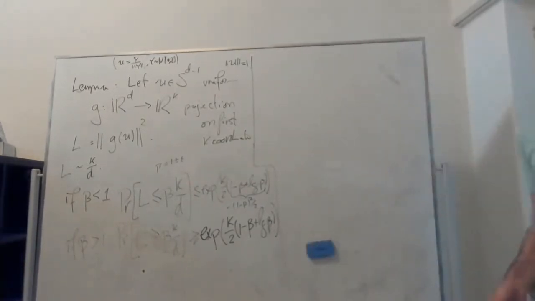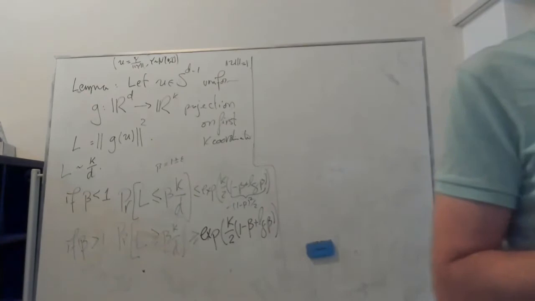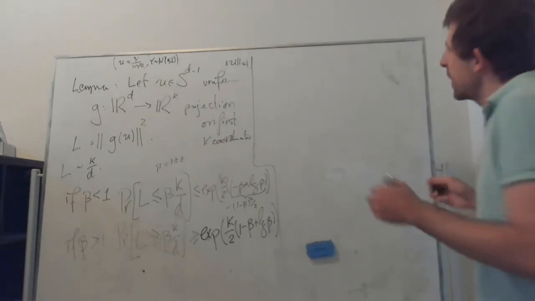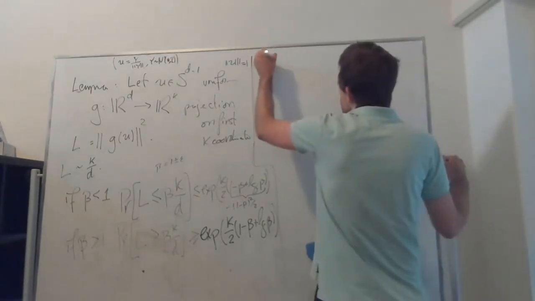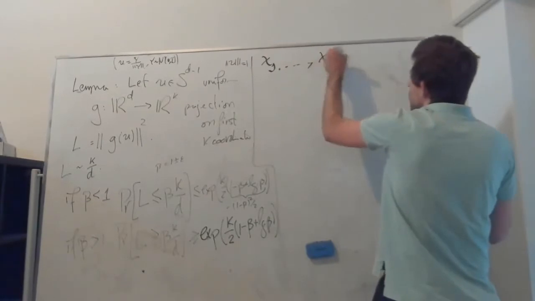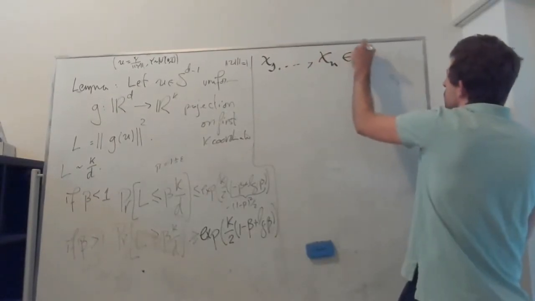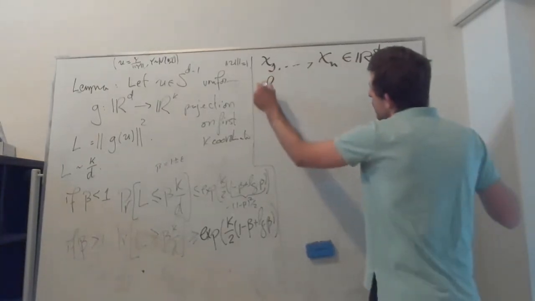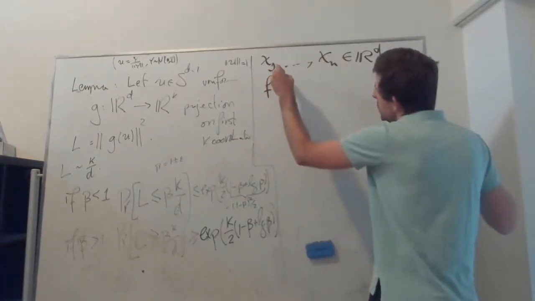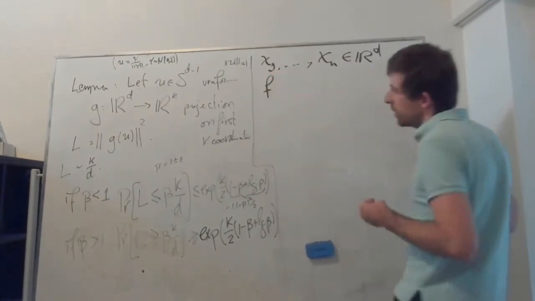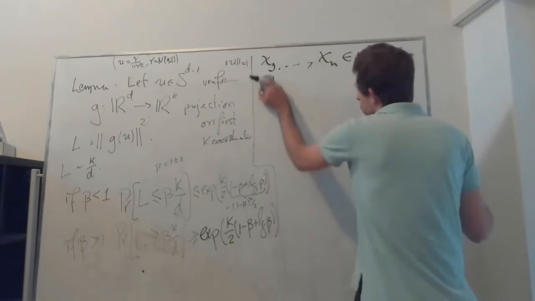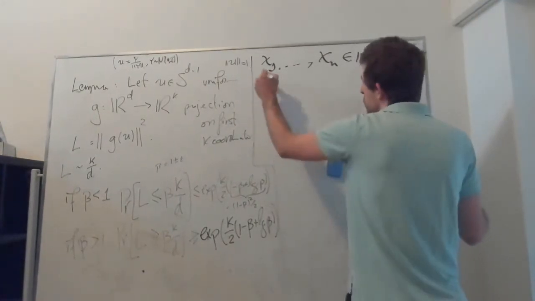So essentially this is all we need, because with this inequality it's actually quite easy to prove the theorem. Let's say that I have my points x1, ..., xn in R^d. Now I'm going to take f to be a random projection on a subspace of dimension k. Or let me actually make it G, because G is the projection.